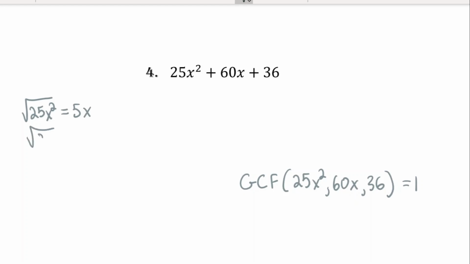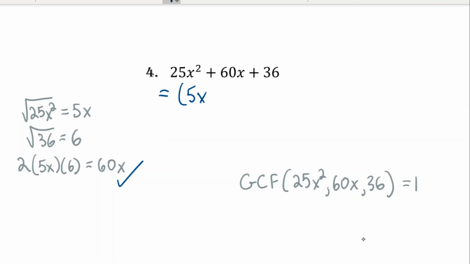And then we can square root our last term. We get 6. And then 2 times our result. We get 5 times 6 is 30 times 2 is 60x. All right, so we are good. That's the same as this. So we can write 5x plus 6 all squared. Done.